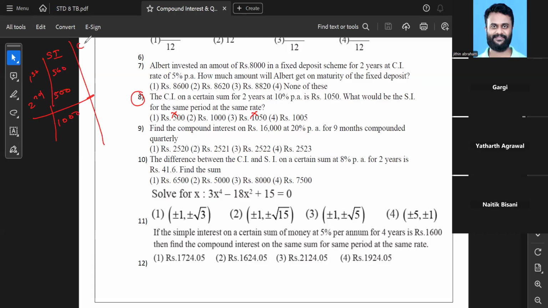In the same logic, when I go for compound interest, the first year it's obviously 500. The second year will have 500 plus 10 percentage of the previous interest, which means 50. So total value is 1050, which is matching with my question. Hence, I'll say this is my answer.